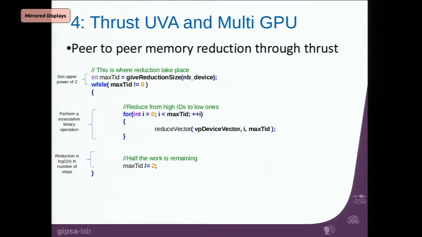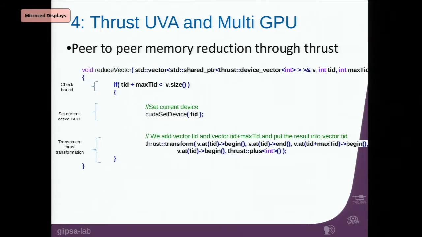And what I've done in this, I was just executing in a log2 tree, binary tree reduction way, reducing from one vector to the other using this function reduce vector, which was actually under the hood only a transform with the iterator from one GPU on the other GPU with the binary operation plus.